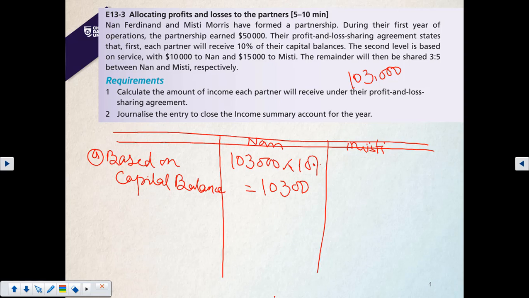Is it correct? 10,300? Same? Okay. Misty will also get $10,300. Then the second one is based on what?